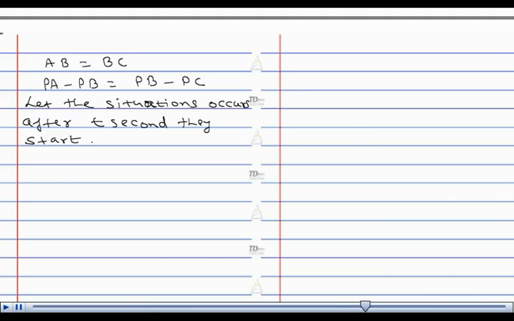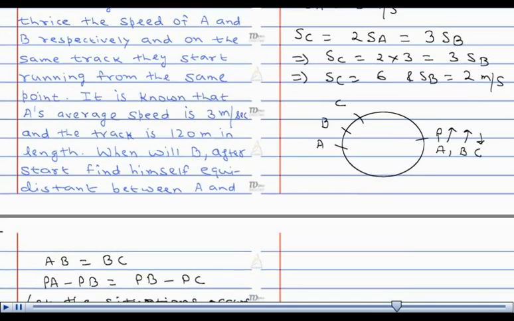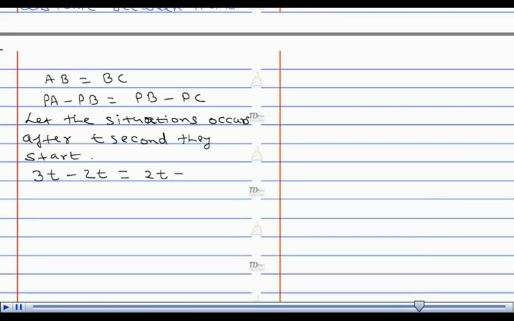Speed of A is 3 and time taken is t seconds, minus PB is the distance travelled by B in t seconds, which is 2t, is equal to 2t minus PC, the distance from P to C in anticlockwise direction, which will be equal to 120 minus 6t.